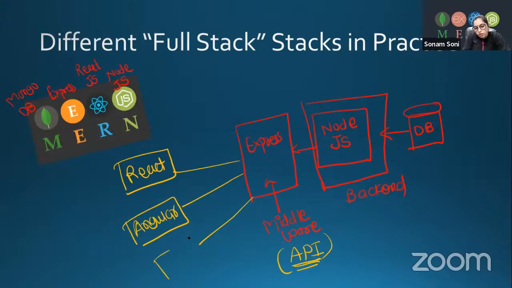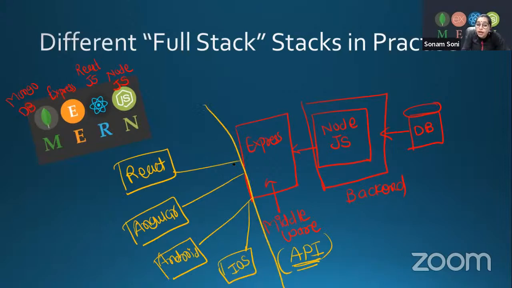Either you can use it in React, in Angular, in an Android application, or in an iOS application. Once this is created, you can fetch the data in any of your front ends. So the backend is the common one, and for the front end you can use anything. This is usually the use of API creation.